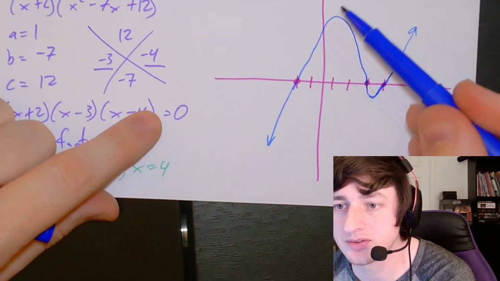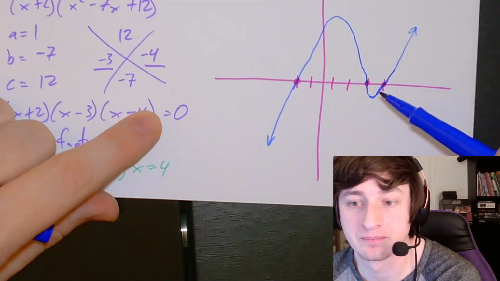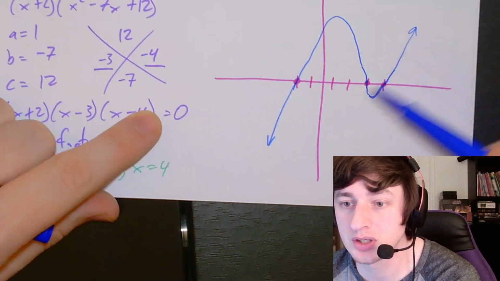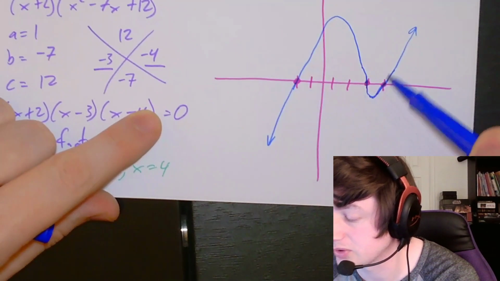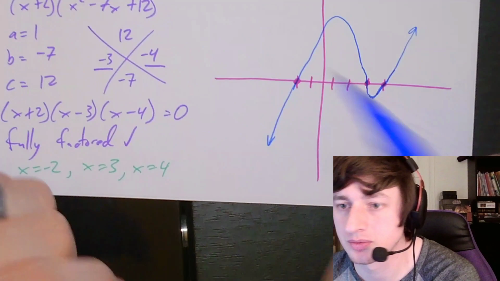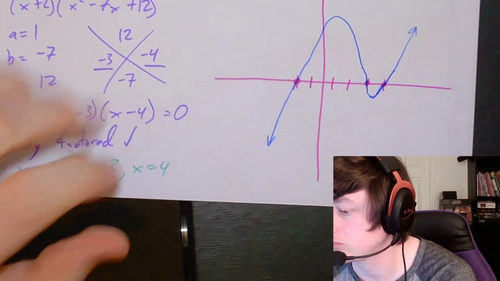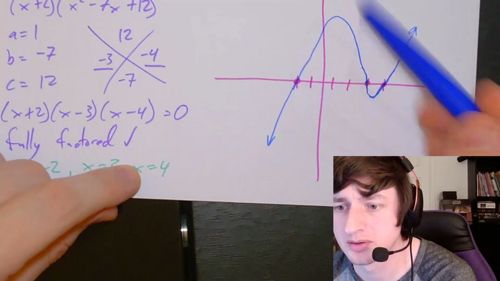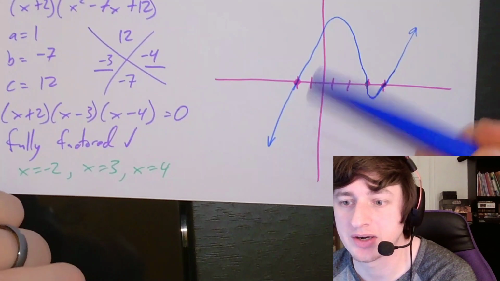Now, how high you draw this piece, how high you draw this piece, don't really matter. We just care, okay, the ends are going in the right directions, and it's crossing through all of these points correctly, or bouncing correctly. In this case, none of them bounce. So this is our end sketch. Now the scale here is probably way off, which is why I didn't even draw the y-axis scale, but it doesn't matter.